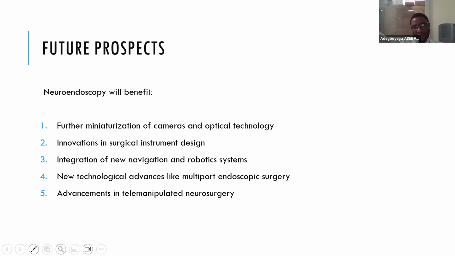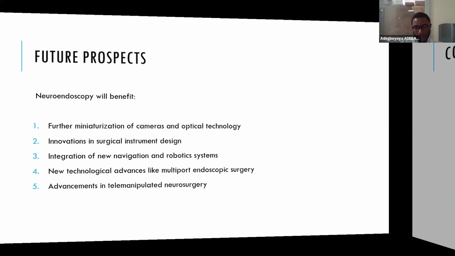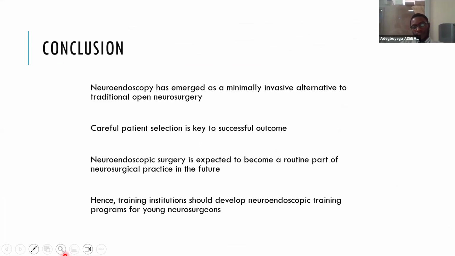Newer technological advances like multi-port endoscopy surgery integration will also lead to advancements in neuroendoscopy, as well as advancements in telemanipulated neurosurgery. In conclusion, neuroendoscopy has emerged as a minimally invasive alternative to traditional open neurosurgery.